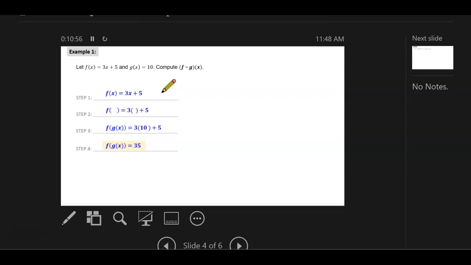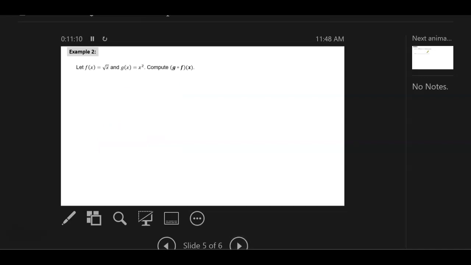So let's do the same thing with example 2. Everyone's good on this one? Okay, example 2, ready? Now, what's a little bit different about this one?